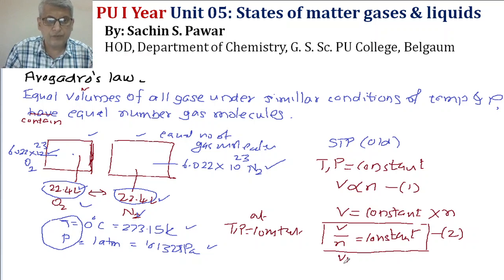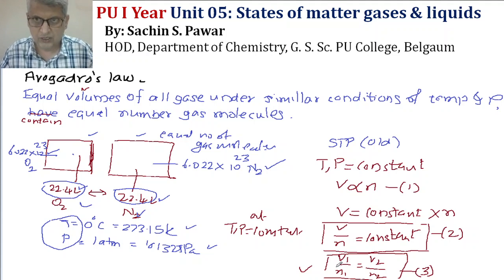That means V1 by n1 is equal to V2 by n2, where V1, V2 and n1, n2 are for two respective conditions, and we are going to solve some problems related to this. So, this completes Boyle's law, Charles' law, Gay-Lussac's law, and Avogadro's law.